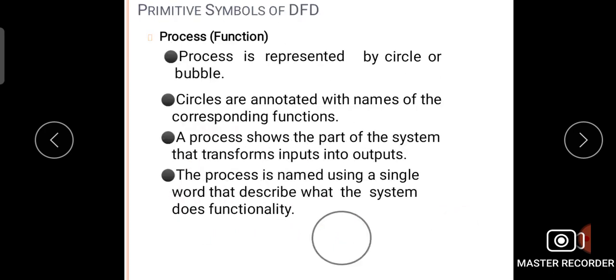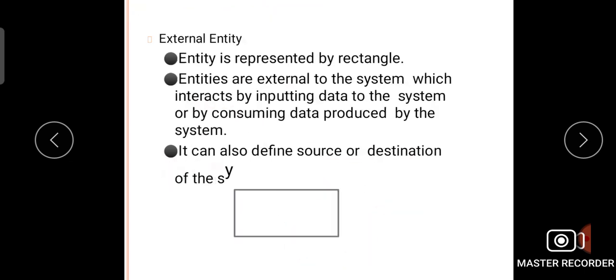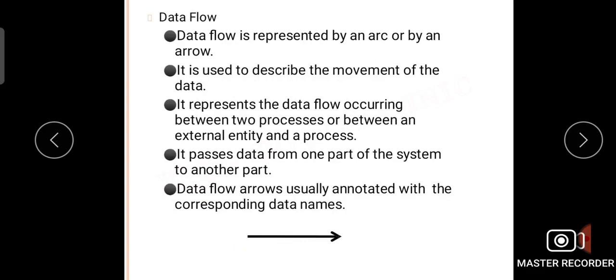Here are the basic symbols used in a DFD diagram. First, for a process we use a round shape. For an external entity, we use a rectangle shape. For data flow, we use an arrow shape.